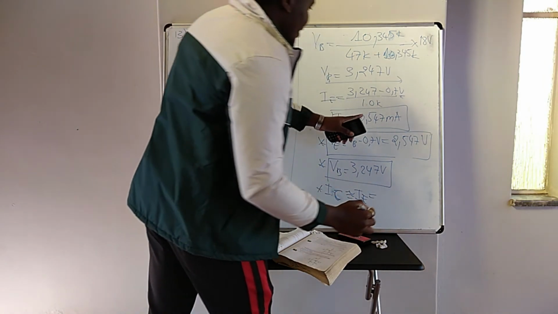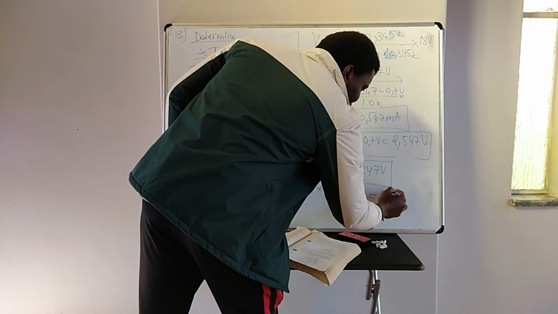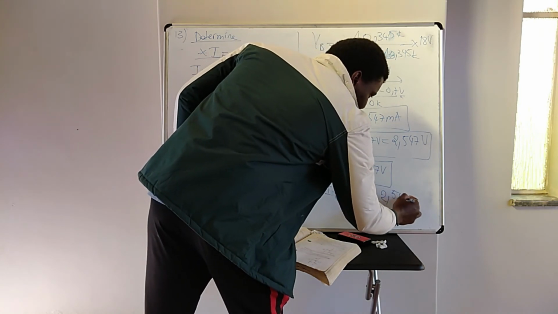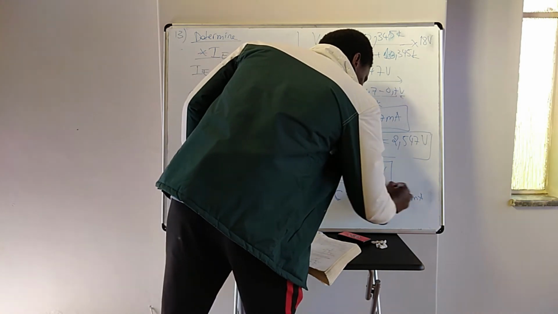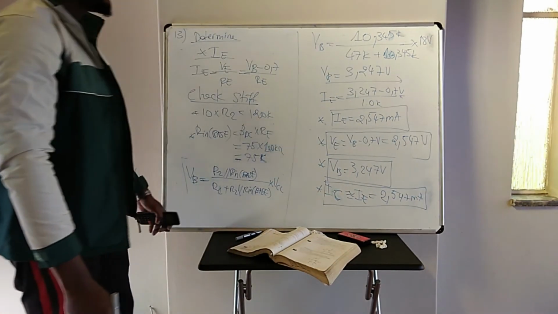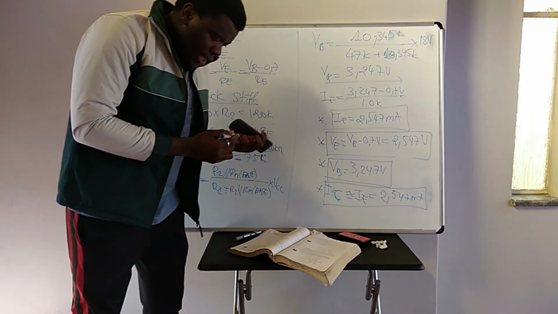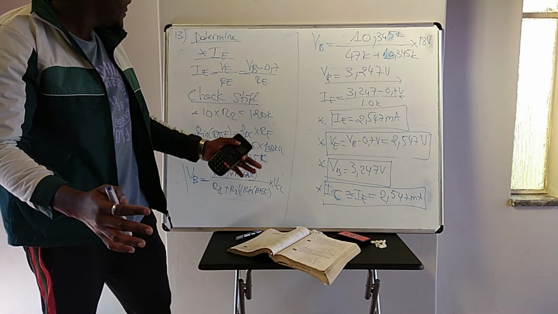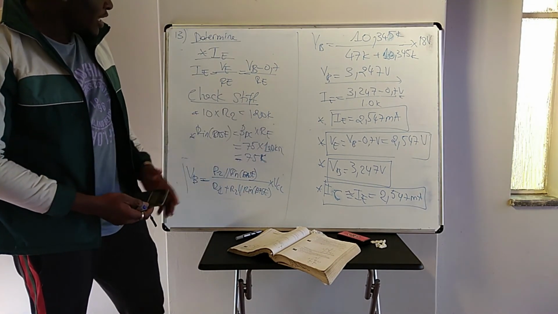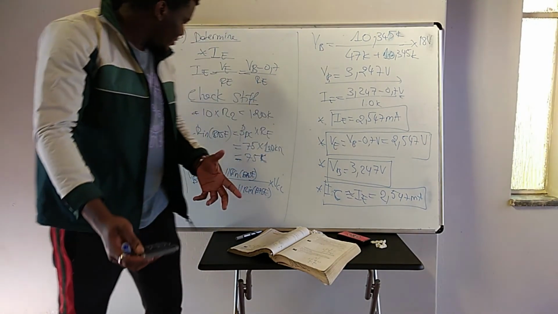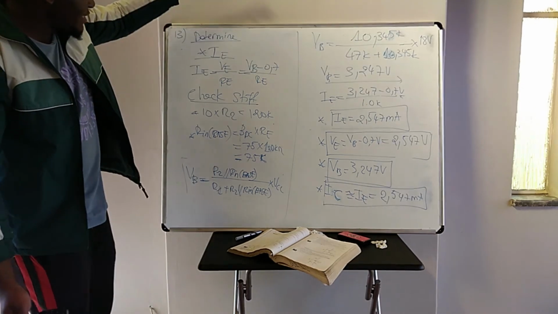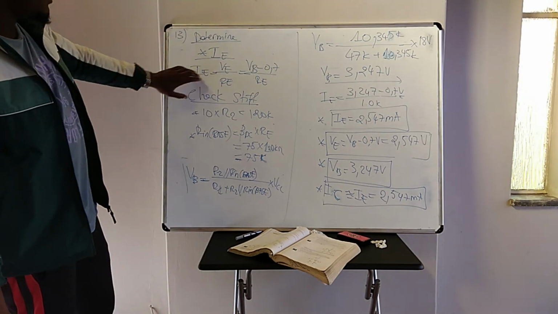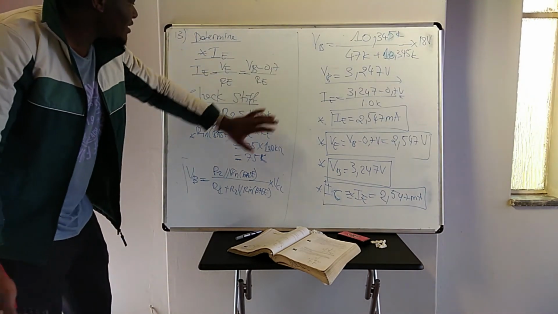IE was approximately 2.547 milliampere. So you can see, guys, this question, finding IE, pushes us already to find VB and VE. So I start here, VE over RE. This is what I got here.